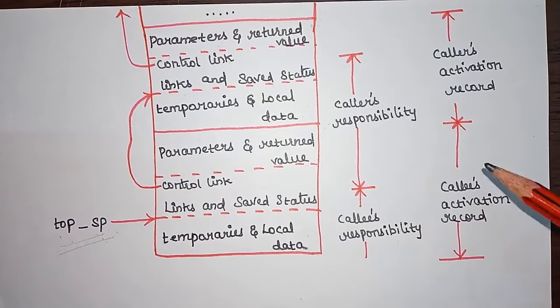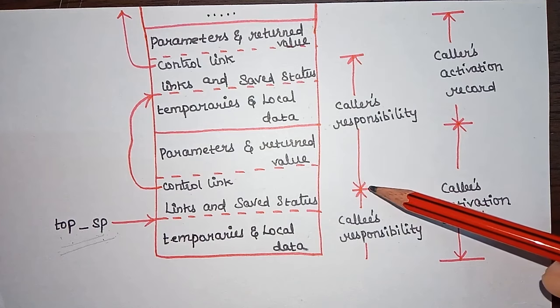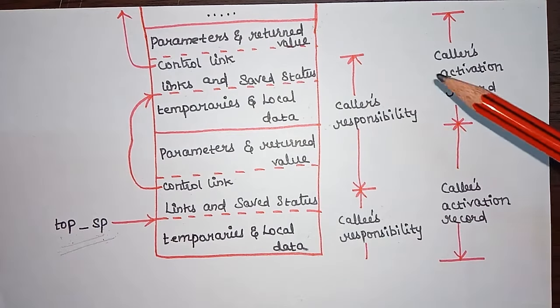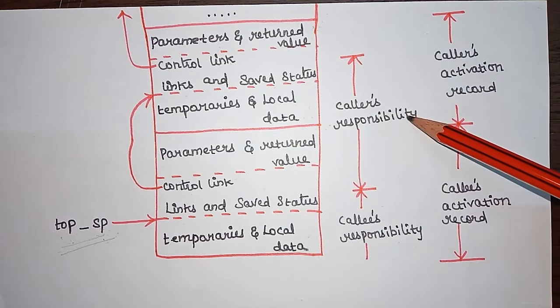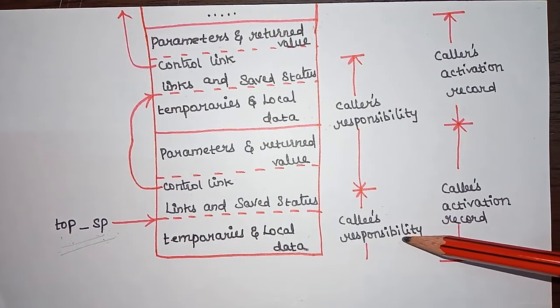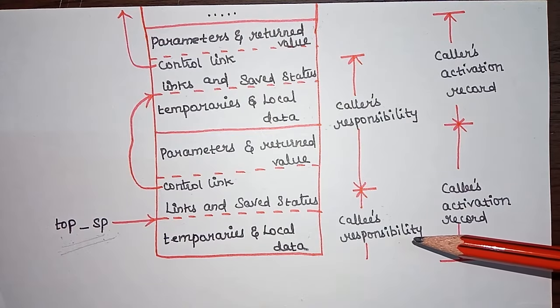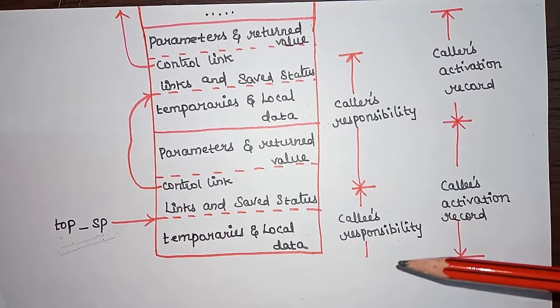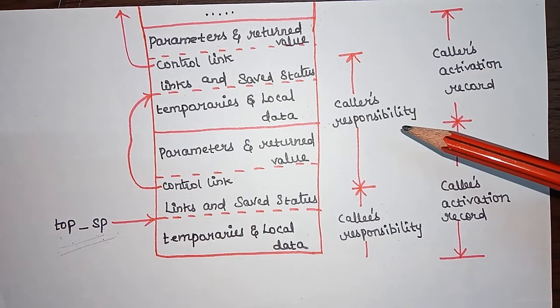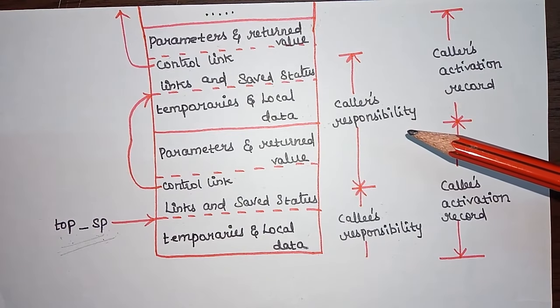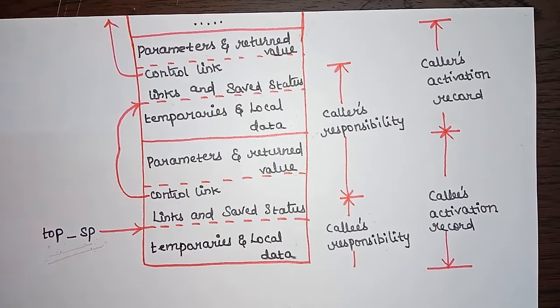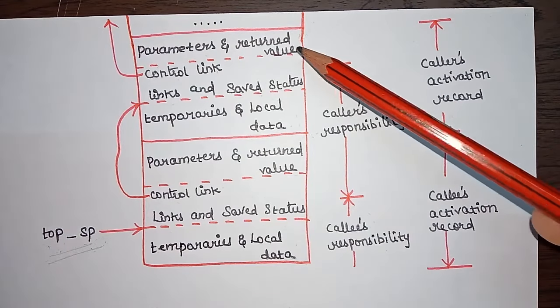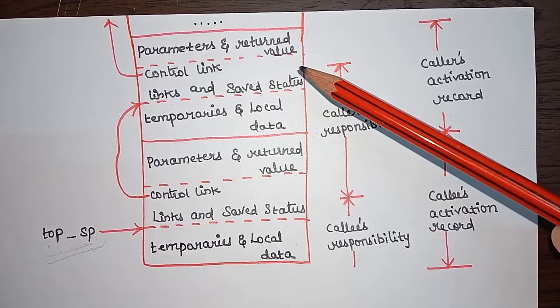So here we have some of the responsibilities of caller as well as callee. Whenever a procedure is in execution, the callers have some responsibilities to do and the callees have some responsibilities to do. We'll see what all the responsibilities are. This is categorized into two types: one is call sequence and the second one is return sequence. Whenever the call sequence is executed, the caller will first evaluate the actuals.